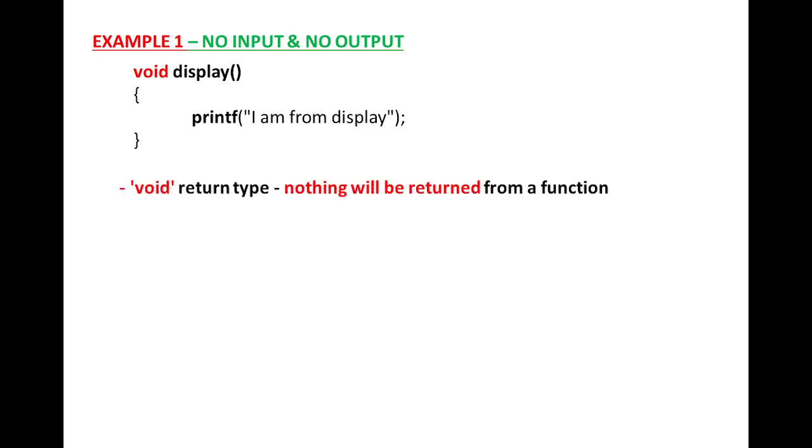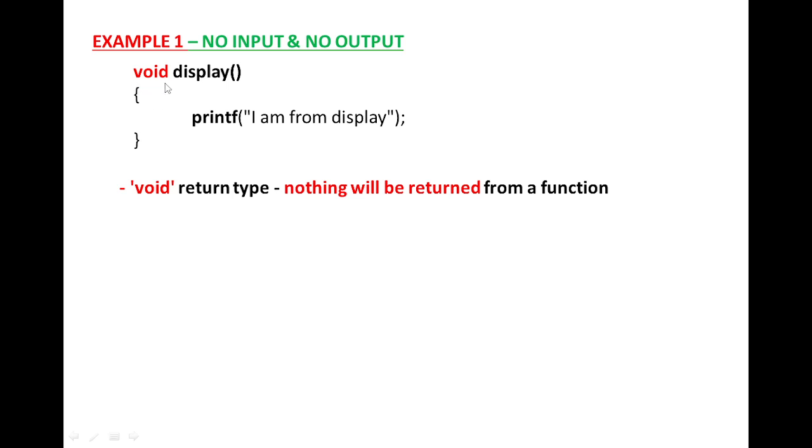There is no argument in the function. But it is doing some task, like displaying the result, and it does not return any value back to the caller.